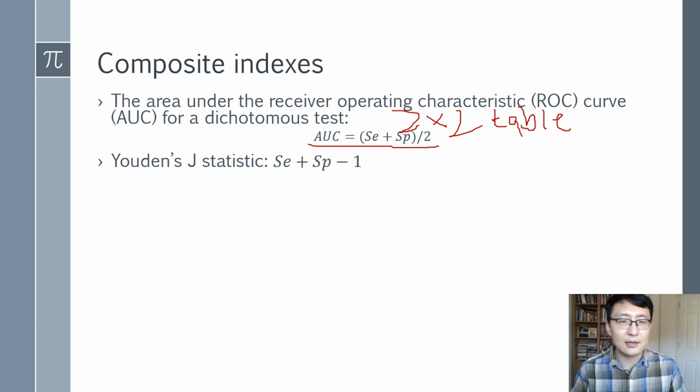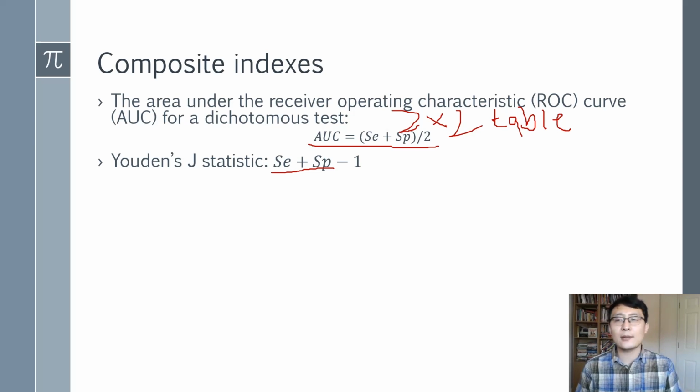Another related index is called Youden's J statistic. This is calculated as sensitivity plus specificity minus 1. So what we can see is that both AUC and the J statistic contain the term sensitivity plus specificity.